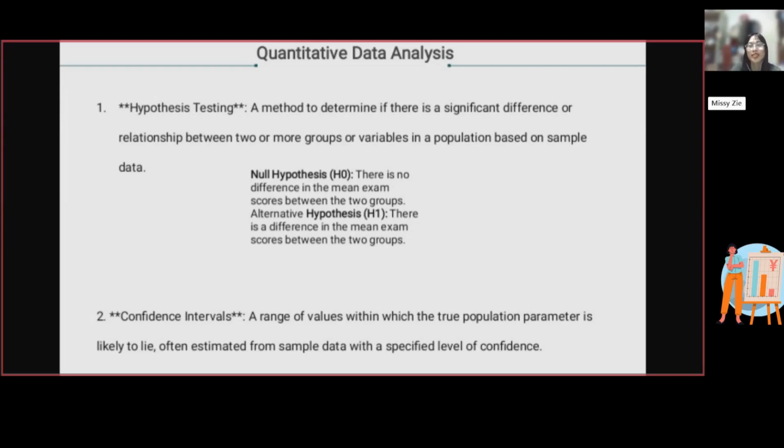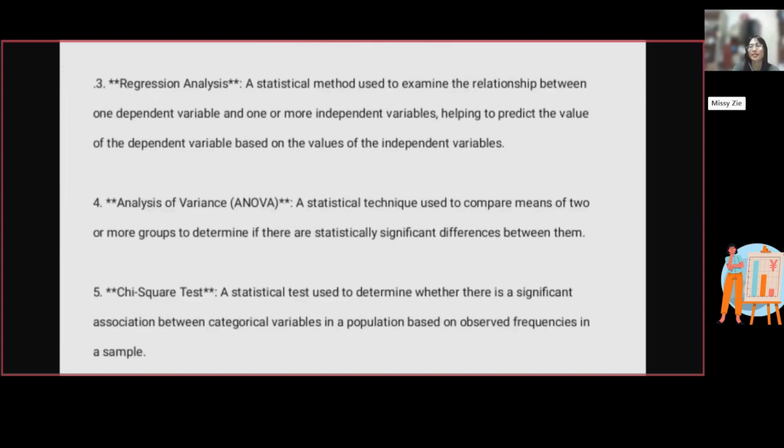Now, the third one is the regression analysis. Regression analysis is a statistical method used to examine the relationship between one dependent variable and one or more independent variables. It helps to predict the value of the dependent variable based on the values of the independent variables.